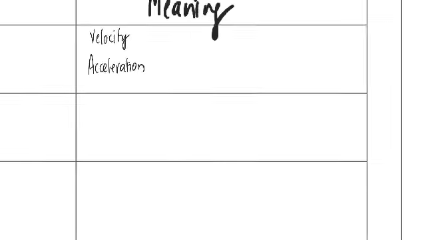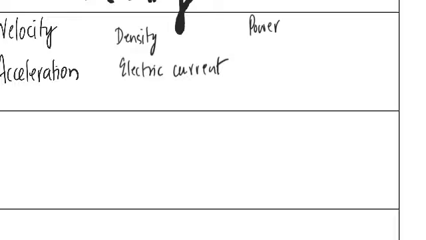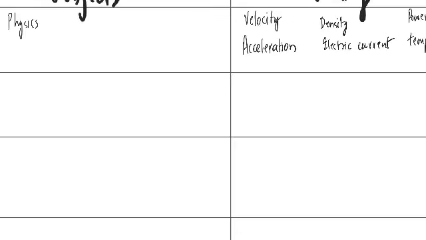You saw velocity and acceleration in the examples I gave you, but also things like density or electric current, or power or temperature gradient. All of these are things that are important to physicists, and they're all measured by the derivative.